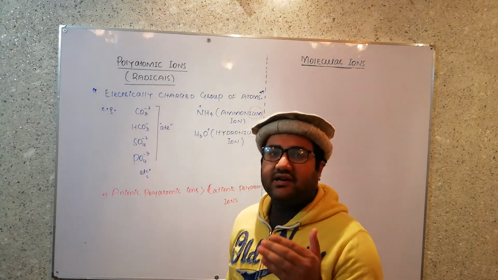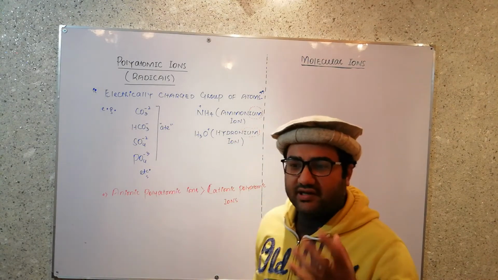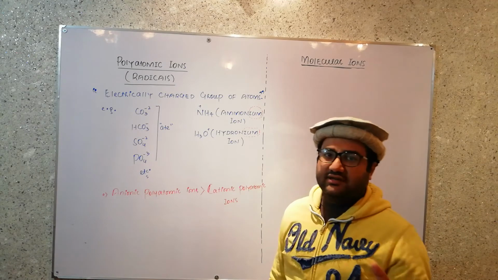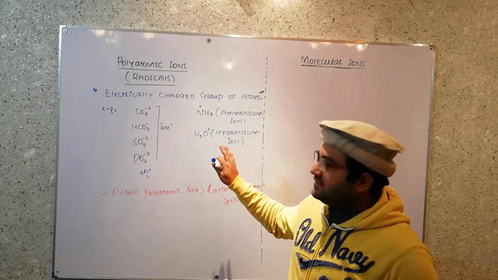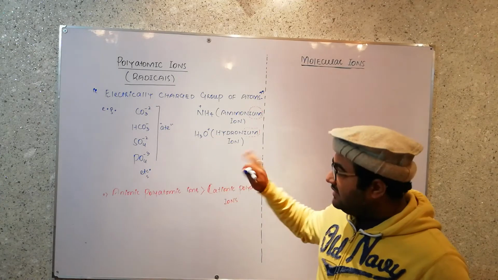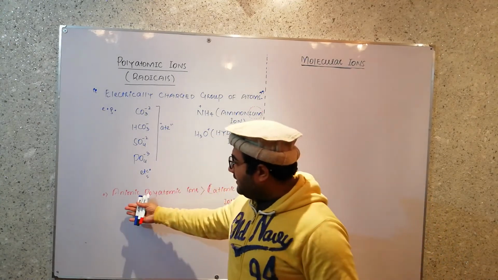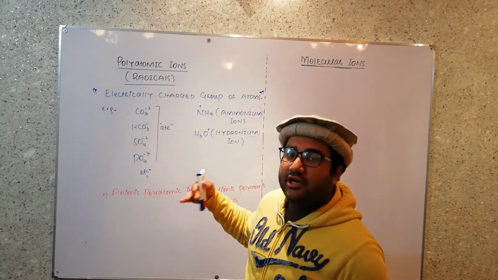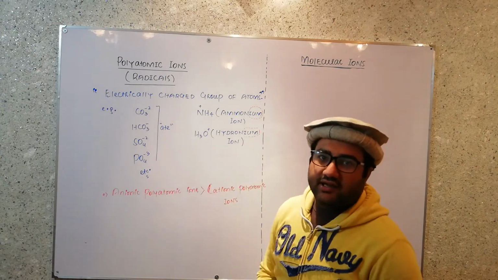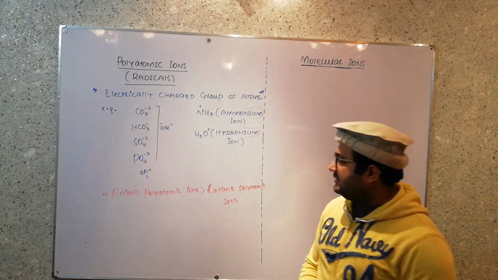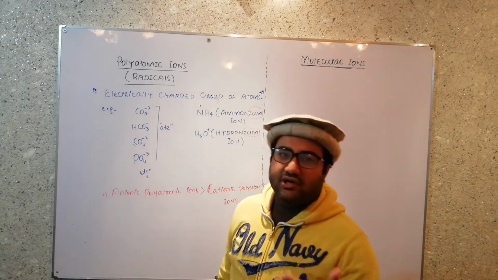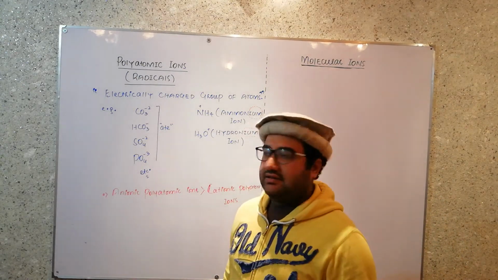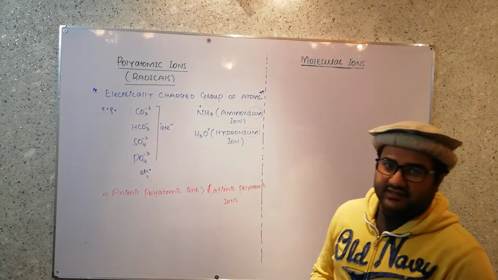If you are studying the polyatomic ions for the first time and you are a student of the first year, then you must not stuff your mind with it. You must just keep in mind that anionic polyatomic ions are more abundant as compared to the cationic polyatomic ions. But if you are a student of second year or entry test, then you can easily understand it.